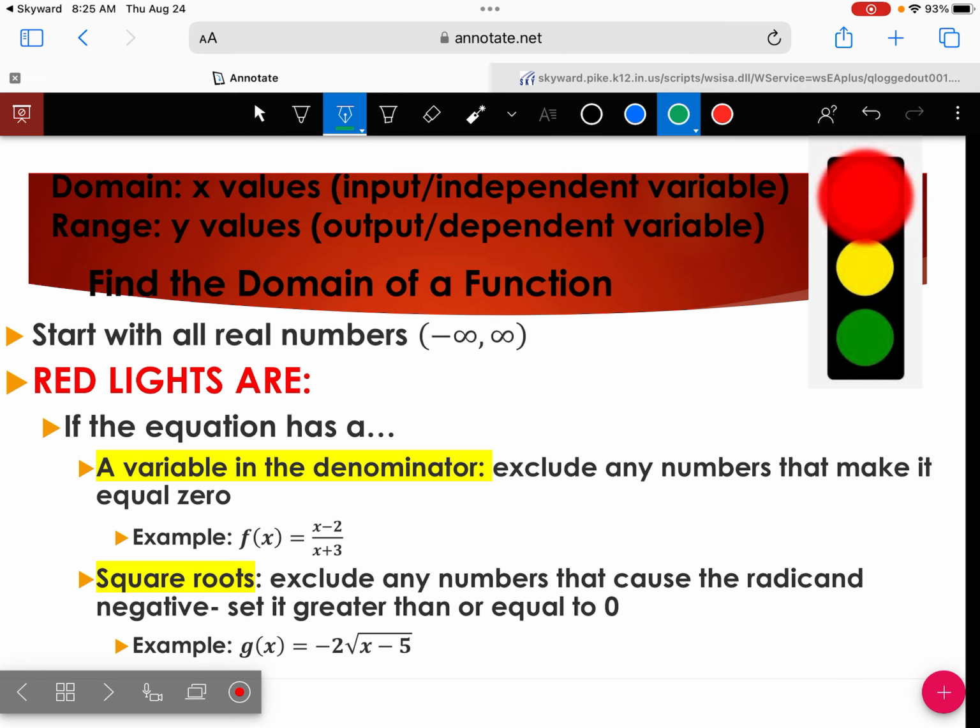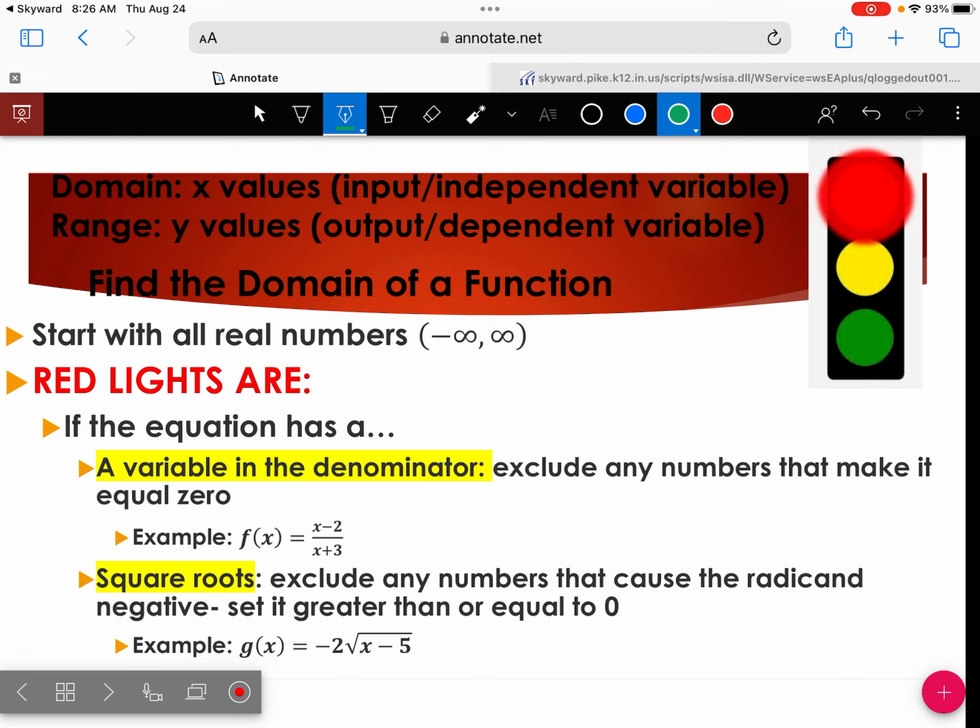So domain is your x values, range is your y values, and we're going to talk about finding the domain. For all functions, we start off with all real numbers.